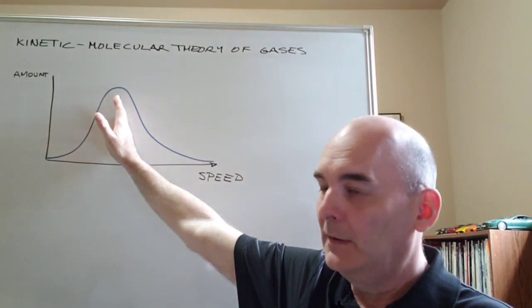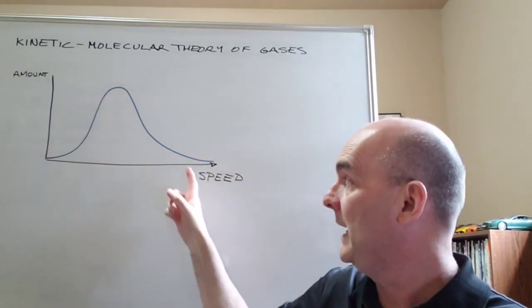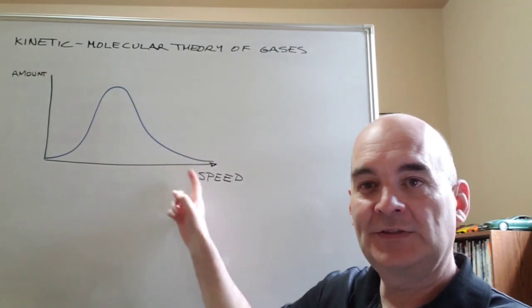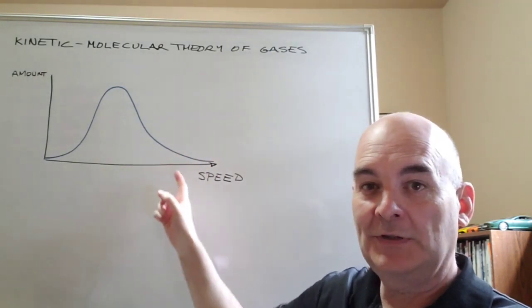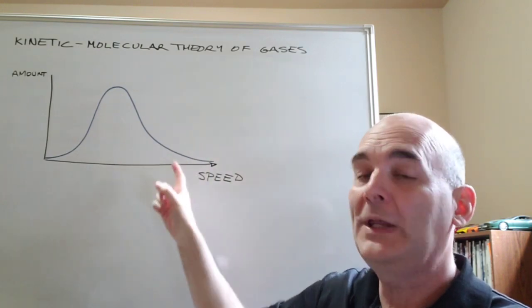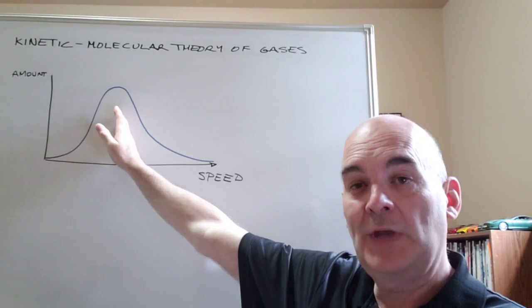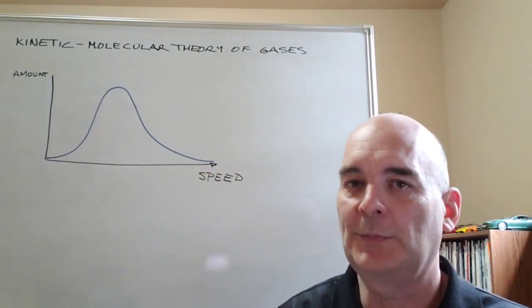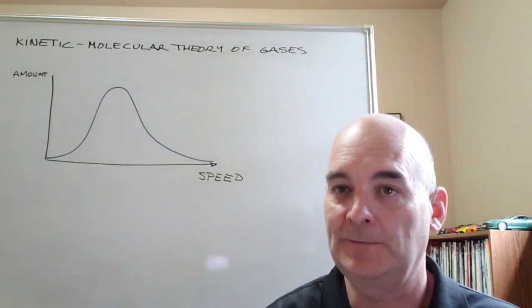But some of my gas molecules are going to be what we would call highly energetic. And it turns out that this small population of gas particles that have picked up more heat than the regular population of gases, these guys right here, they're responsible for a lot of the pressure that is measured.